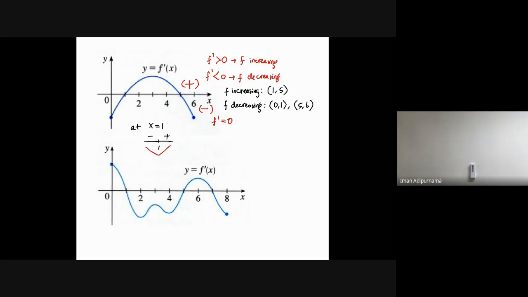If you get this, then it's a minimum. So this will be min. And at x equal 5, 5 is here. It's from positive to negative, so it's going up and then down. From this we conclude this is the maximum point. So minimum point at x equal 1 and maximum at x equal 5.